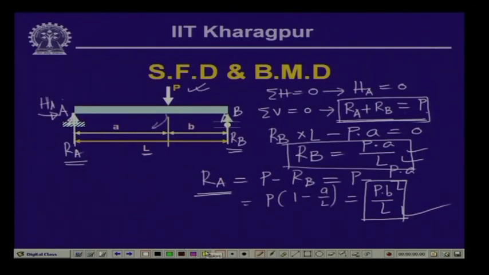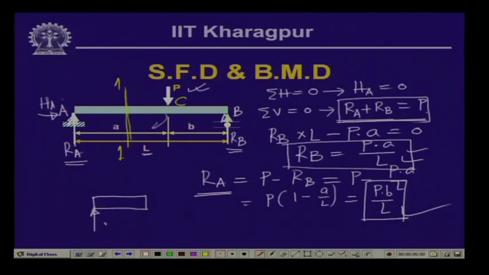Now, let us say we take a section here, section 1 1, which is between A and let us call this point C. Between A and C we cut the beam over here, and if we take the free body of the left hand part of this cut, then the free body will look like this.